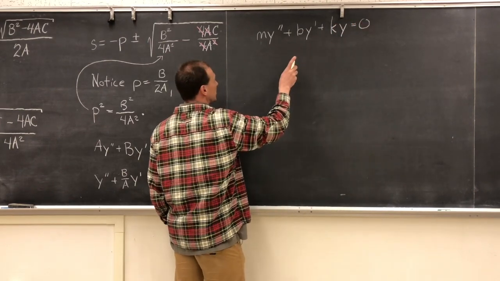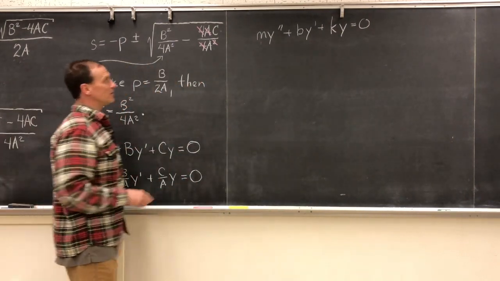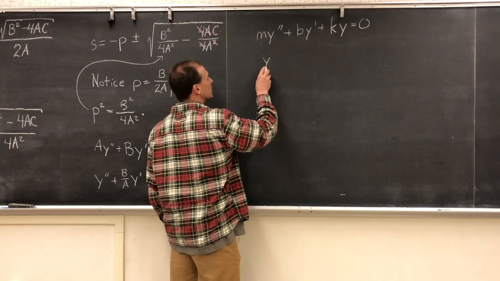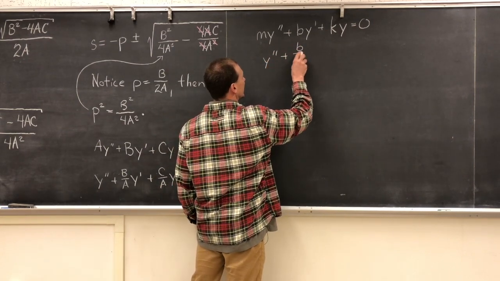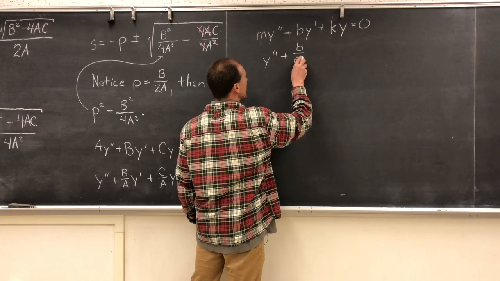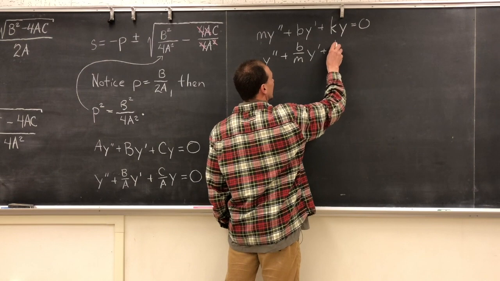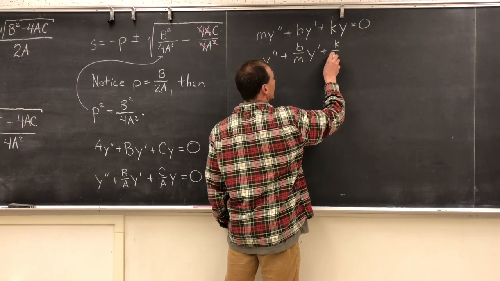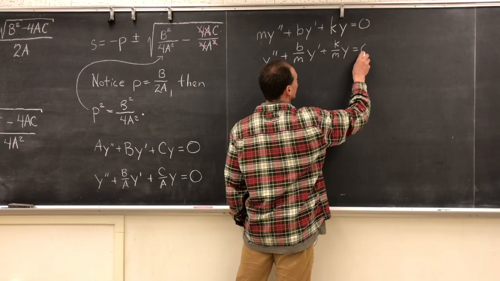And now if we apply the same idea of dividing by our leading coefficient, I have y double prime plus lowercase b over m times y prime plus k over m times y equals 0.